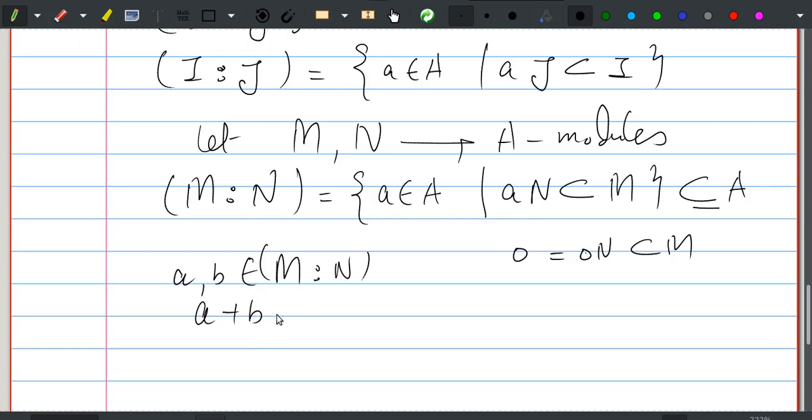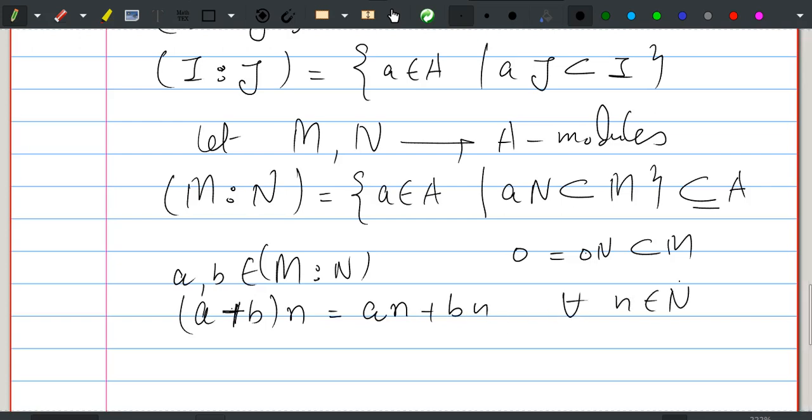So if we look at the sum, a plus b times an element of N, this is actually equal to an plus bn for all n in N. Now because N is an A module, this follows by the definition of N being a module.